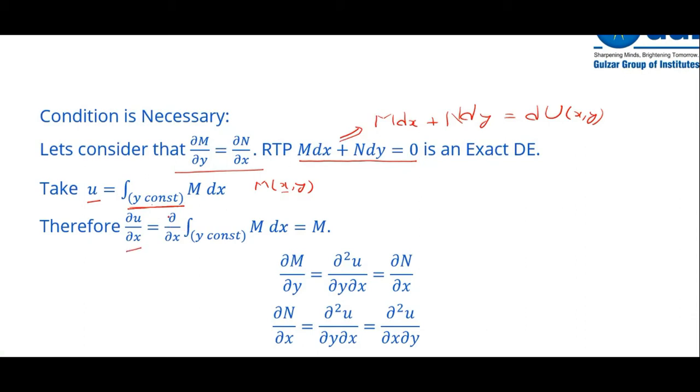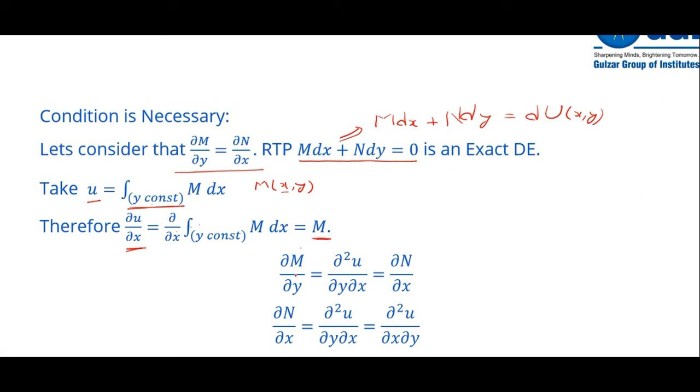We know that derivative and integration cancel each other. Here we are taking the partial derivative with respect to x, treating y as a constant, and here we are integrating with respect to x treating y as a constant. So these two cancel each other, and we find that ∂u/∂x is equal to M.